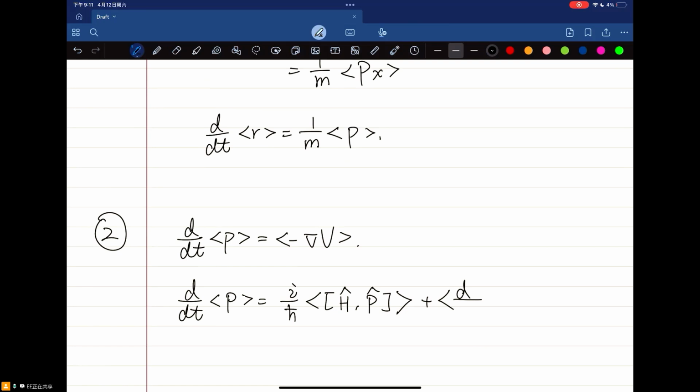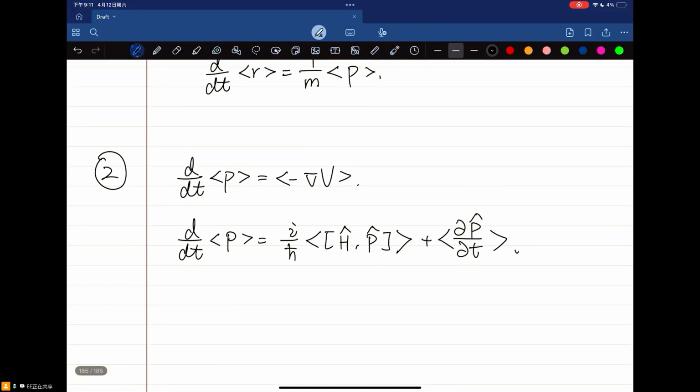And we have, oh, I should use del here. Partial p partial t. Yes, so we have this. And then let's simplify it.